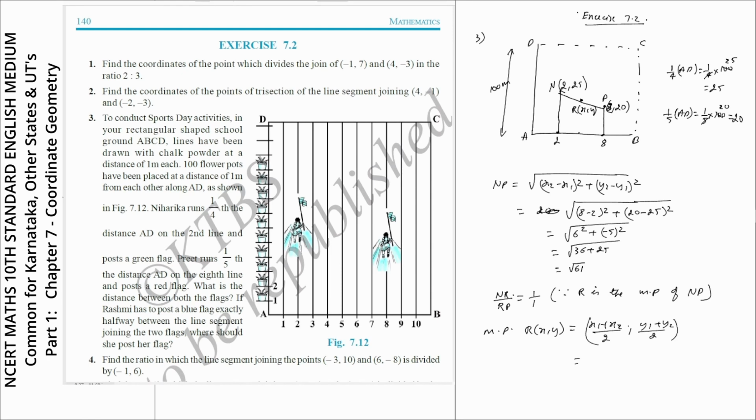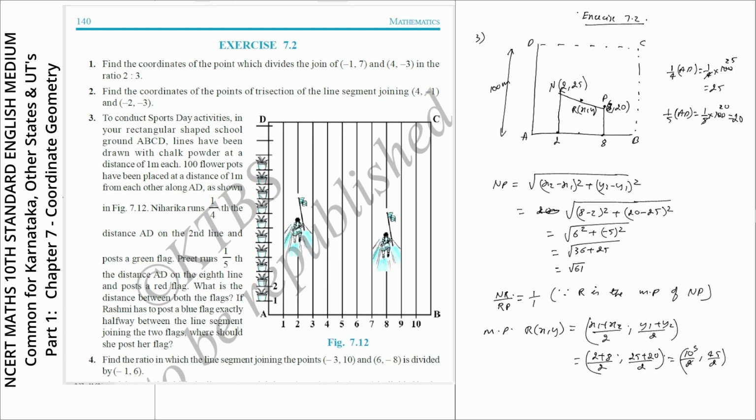Substitute the values of x1, x2, y1 and y2 here. So x1 is 2, x2 is 8 by 2 comma y1 is 25, y2 is 20 by 2. So this is equal to 2 plus 8 is 10 by 2 comma 45 by 2.